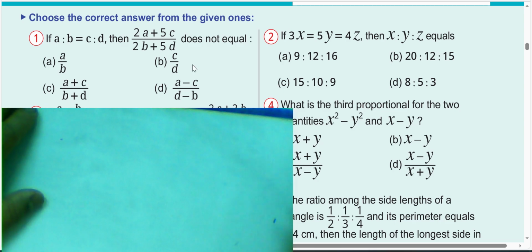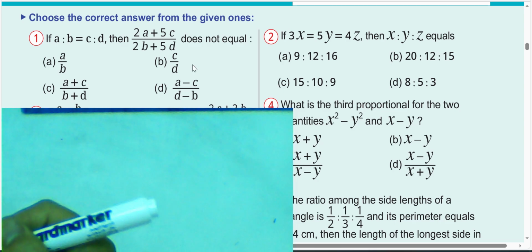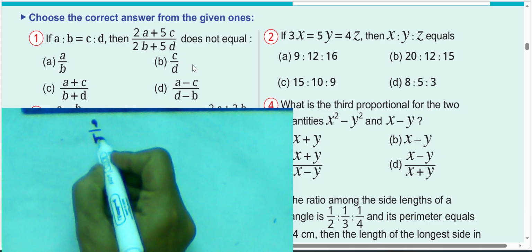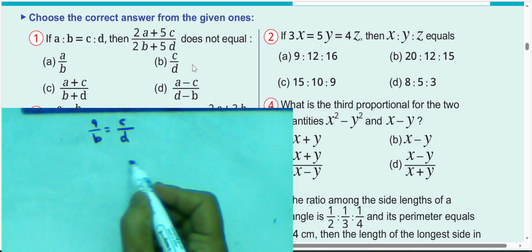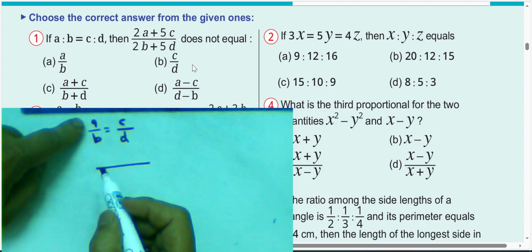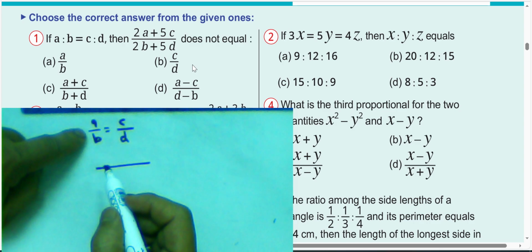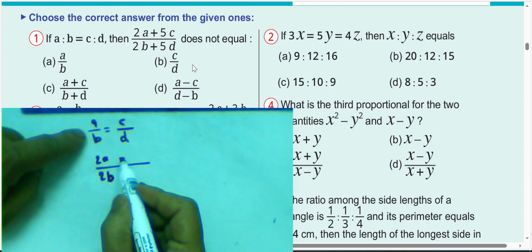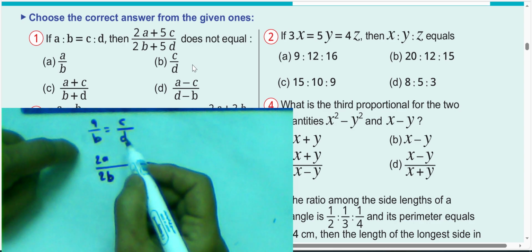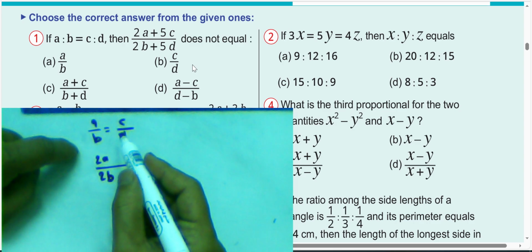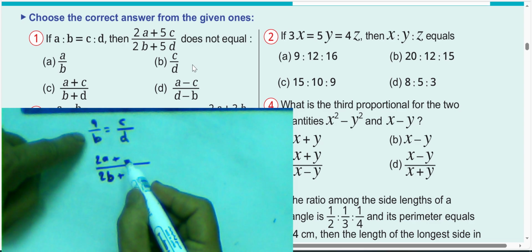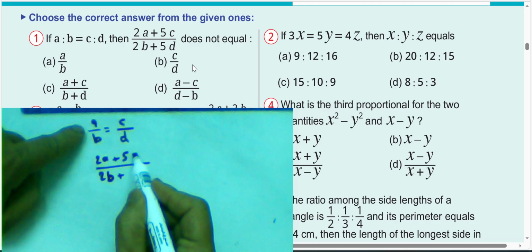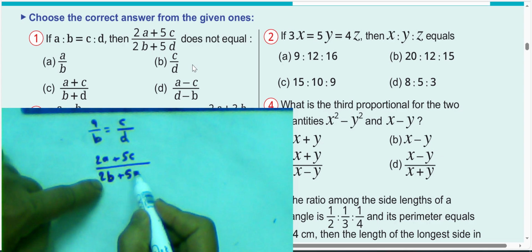one of the ratios, because we have A over B equal to C over D. If we multiply the first proportion's numerator and denominator by 2, then we have 2A over 2B, and then the second proportion's numerator and denominator by 5, and then add the result to the first proportion, antecedent with antecedent and consequent with consequent.